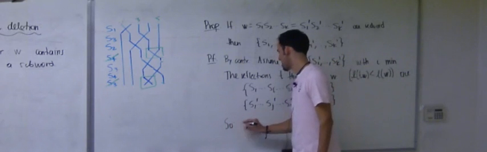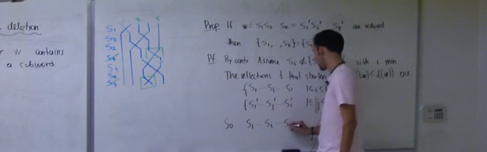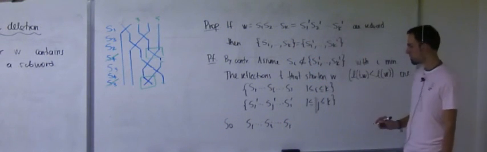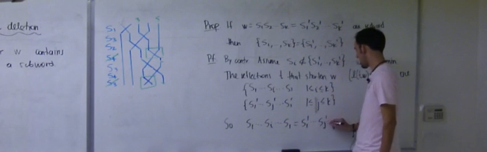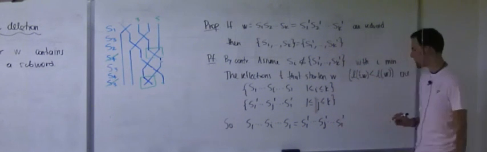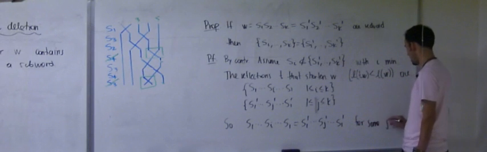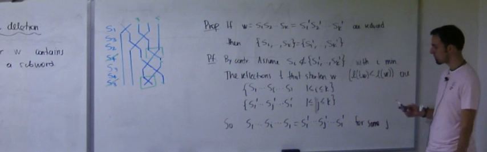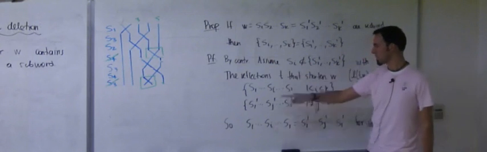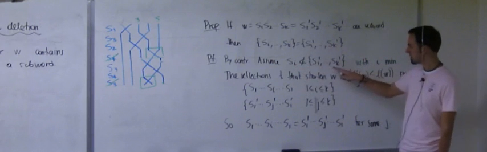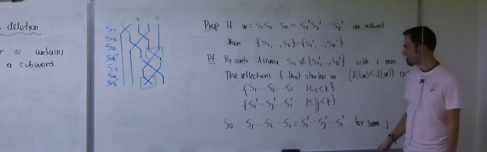So S1 up to Si and down to S1, you must be able to write as S1 prime, you go up to Sj prime, and you go down to S1 prime for some j. Here I'm talking about this Si. This Si is the same as this one, the first one that doesn't appear in this list, and this is just some j. I have no idea which j it is. Okay.